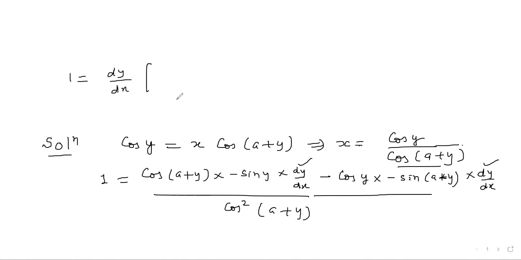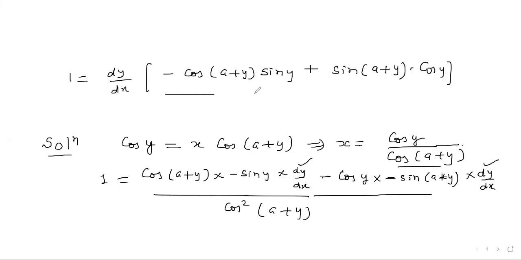This will become minus cos(a + y) sin y, and here there are two minus signs in multiplication, so it will become plus sin(a + y) into cos y, whole divided by cos²(a + y).